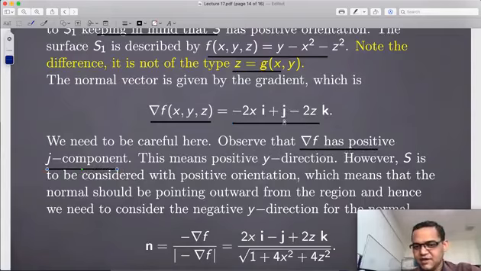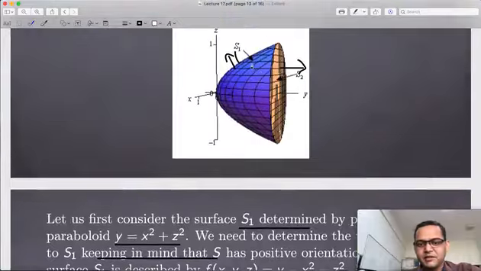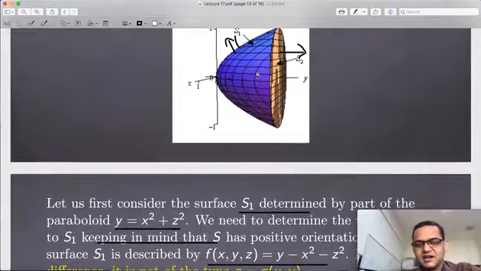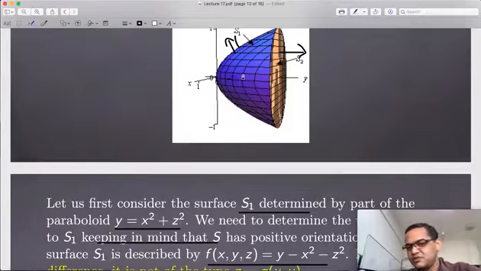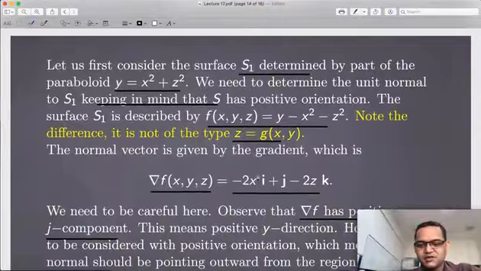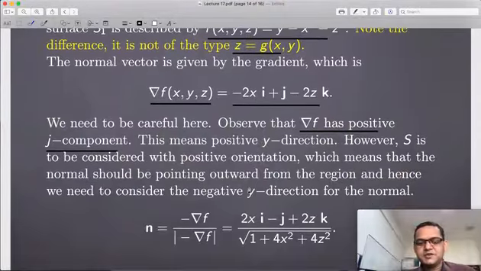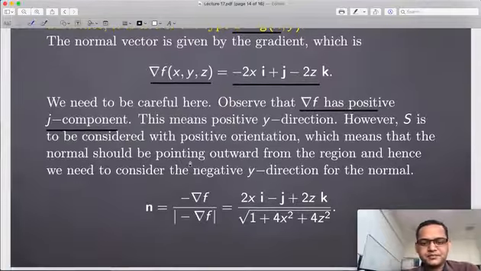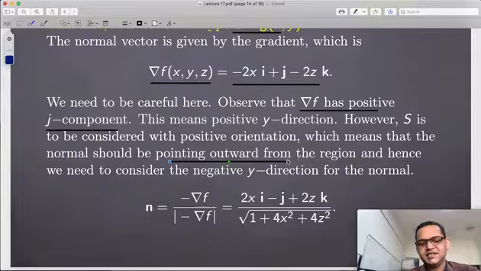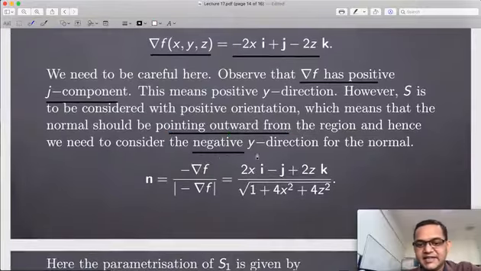Look at the j, because the normal vectors, as I said, are going to be pointing in this way. They are not going to point in the positive y direction, but that is what is happening over here. Because we are considering the positive orientation, the normal vectors should point outward from the region, and hence we need to consider the negative y direction.